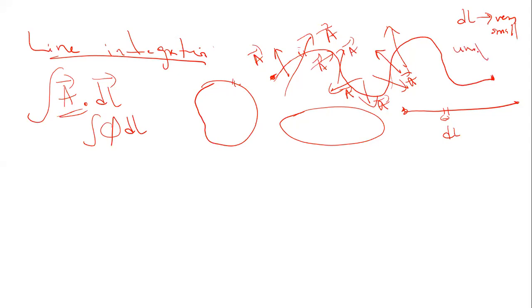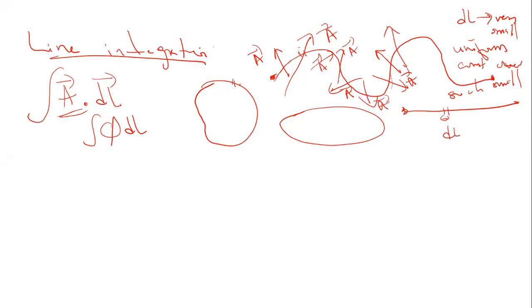The vector field can be considered uniform or constant over such a small segment, so that when you perform this integration here, you can simply consider DL to be non-varying, A vector to be non-varying over this DL element, right?